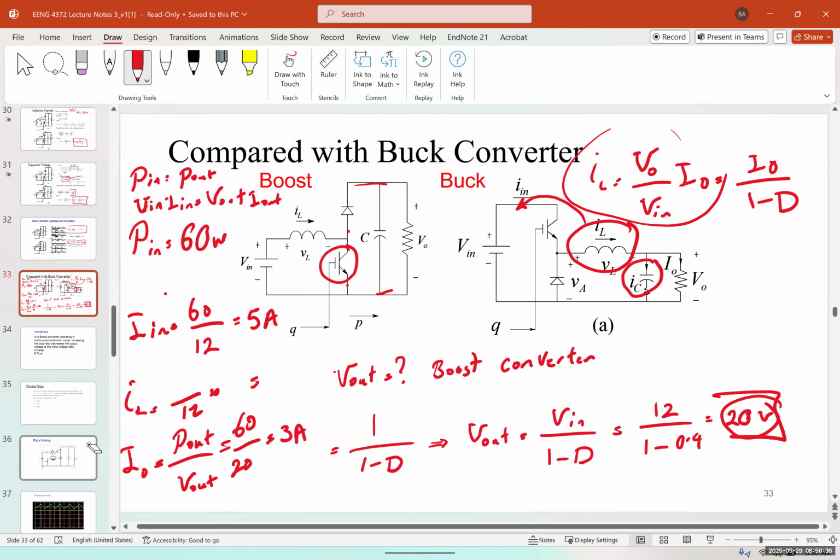Or in other words, I can do it like this as well. I can use this equation: I out, which is 3 amps, over 1 minus D. And what is our D? It's 0.4, so 3 over 0.6, which gives us again 5 amps.